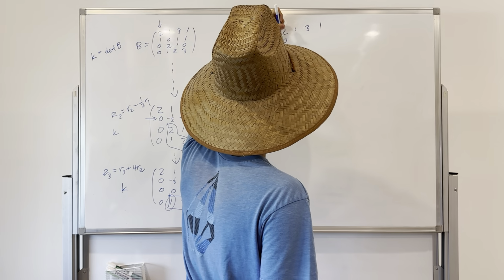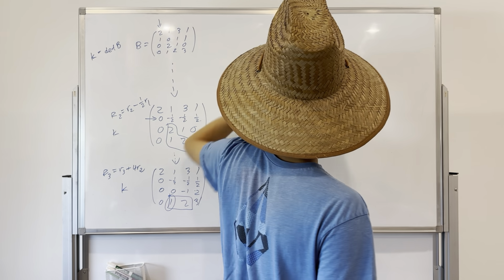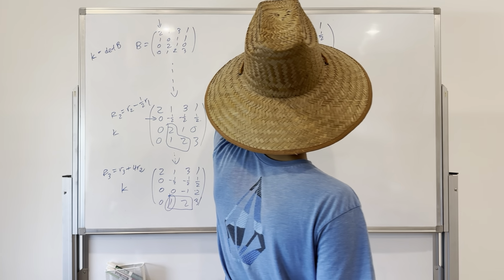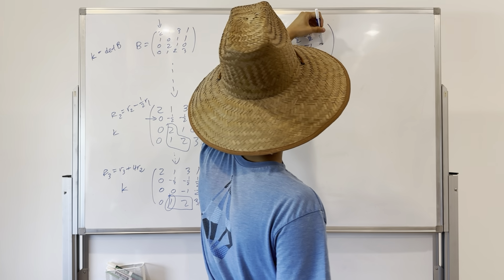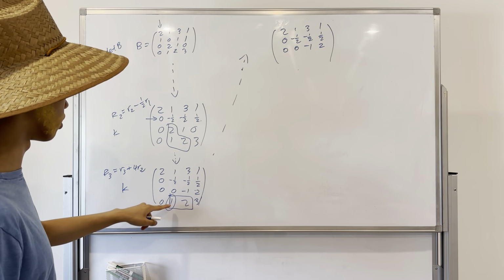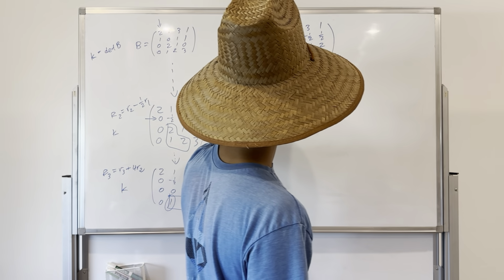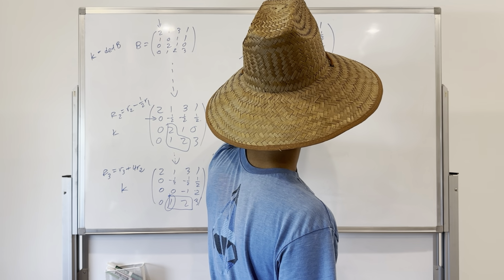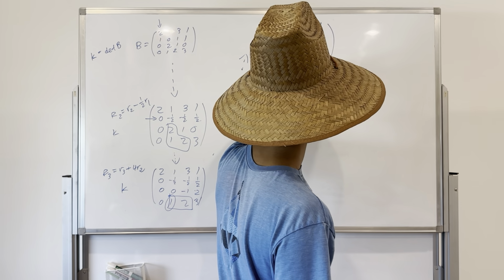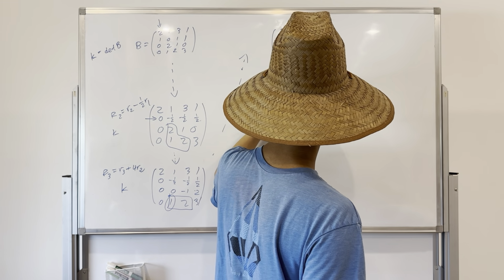Then we have our 0, negative 1/2, negative 1/2, 1/2, 0, 0, negative 1, 2. Now we're trying to find a new row 4 where this term over here is 0. So we have to add a multiple of row 2 to row 4 to get rid of the 1.